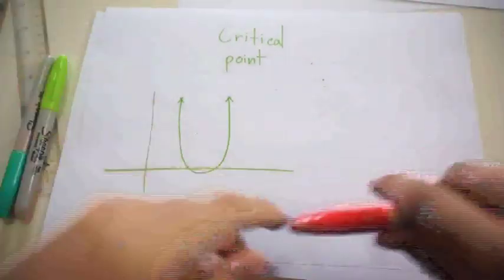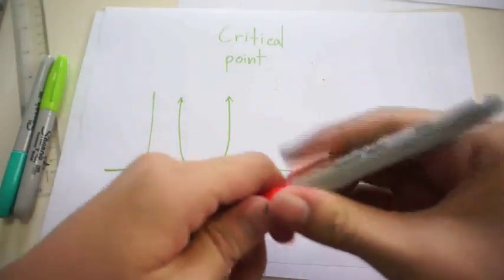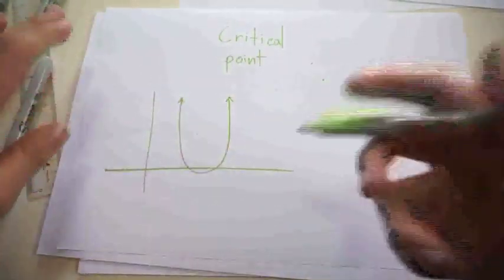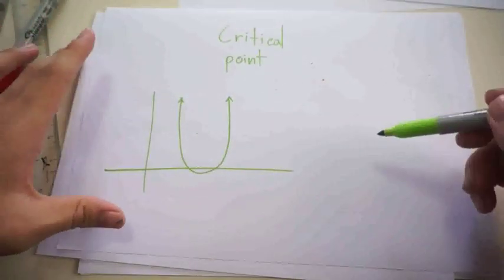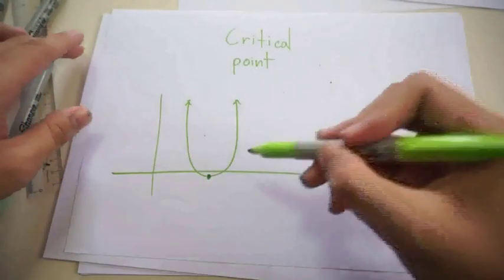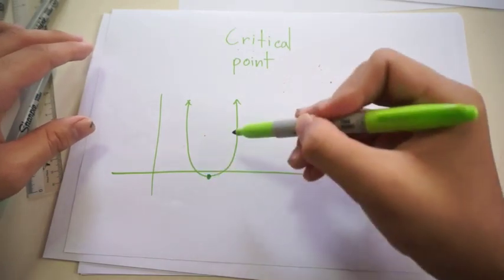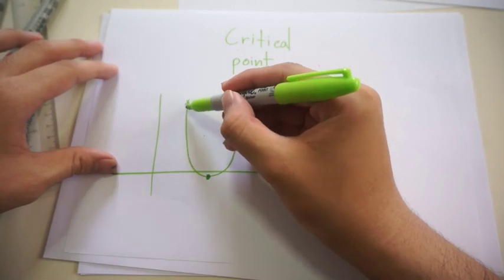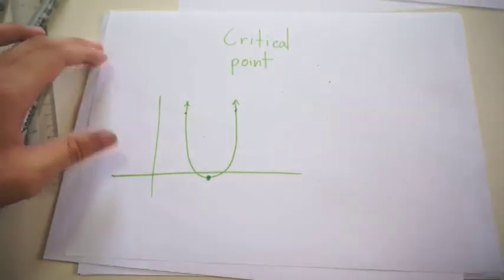On to the next point. Critical point. What is a critical point? Well, a critical point is the point that tells you where the graph will turn, or exactly which point is important.